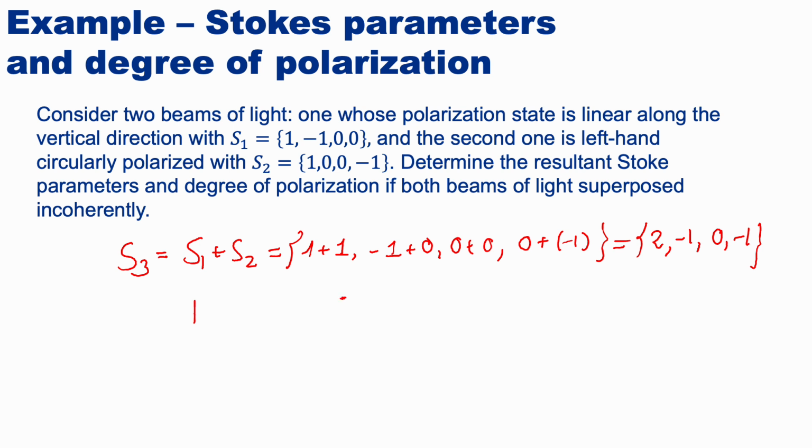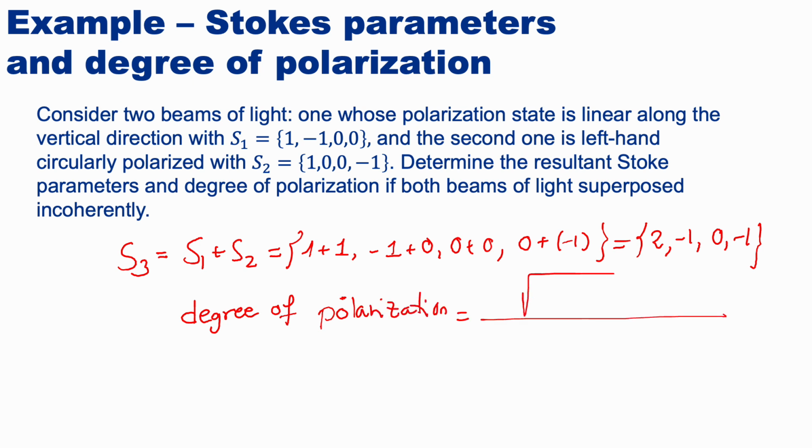And now you know the degree of polarization of the resultant is going to be the square root of minus 1 squared plus 0 squared plus minus 1 squared, divided by 2.